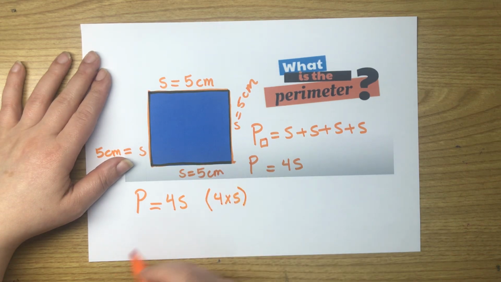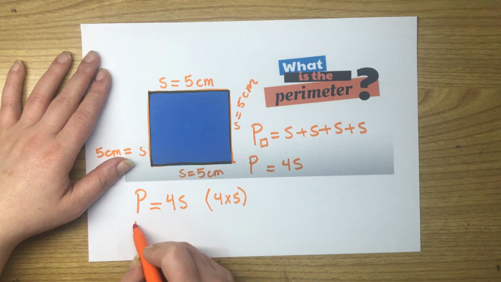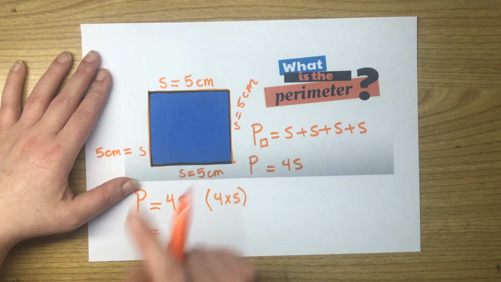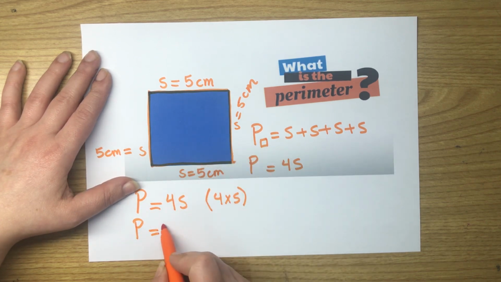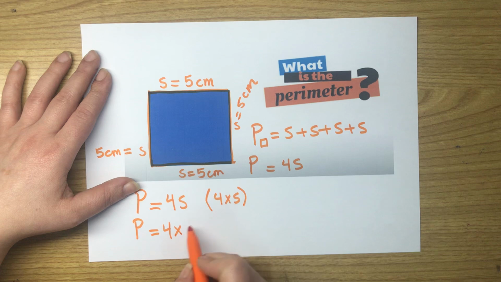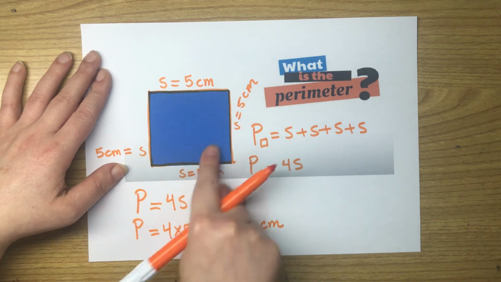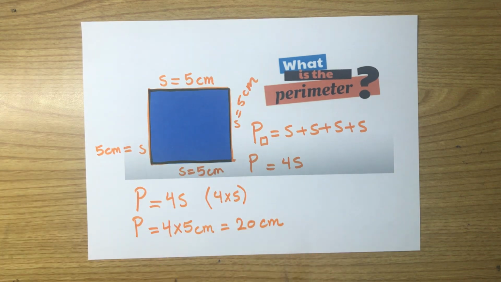Let us remember always that 4S means 4 times S. Then the perimeter for this square is going to be 4 times the length of it, which is 5 centimeters. 4 times 5 equals 20 centimeters. Then the perimeter for this square equals 20 centimeters.